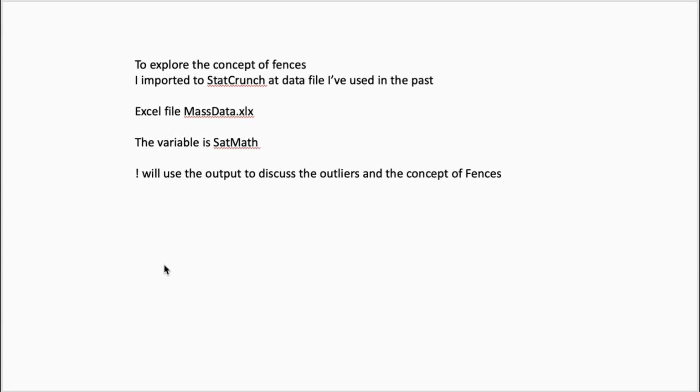It's called Mass Data, that has data on lots of variables on school systems across the state of Massachusetts. One of the variables is the average math SAT score. I'm going to use that data file imported into StatCrunch to analyze this variable, math SAT scores.